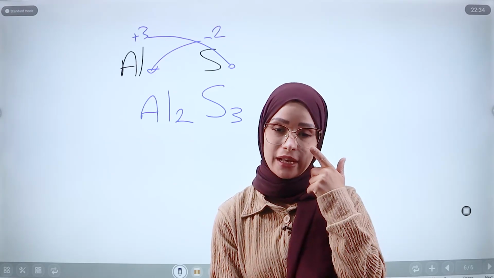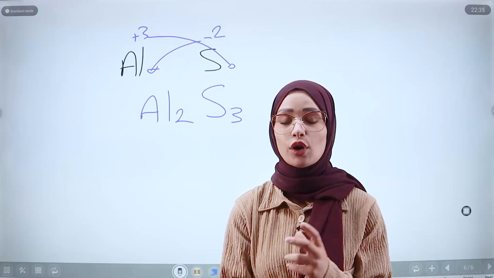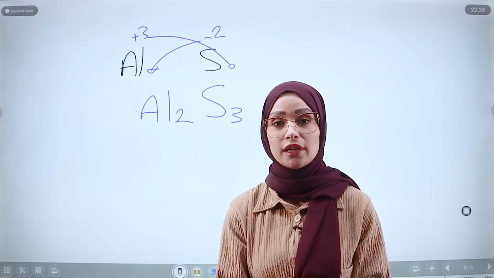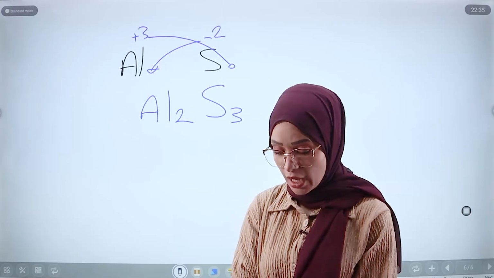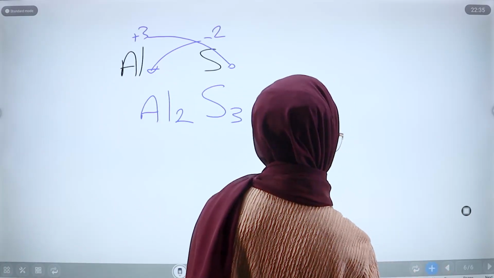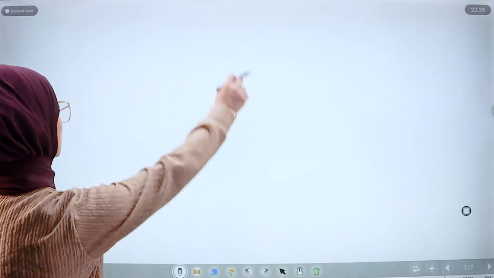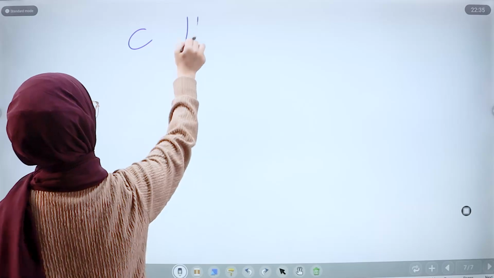Now, actually, let's move a little bit to talk about covalent bond and how the bonds form in the covalent bond. Briefly, like a small explanation. Now, in the covalent bond, for example, I have the carbon and hydrogen, right?